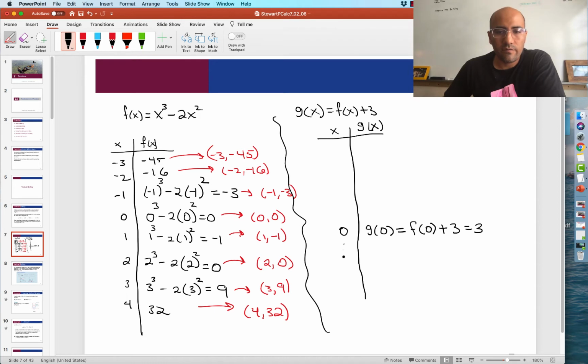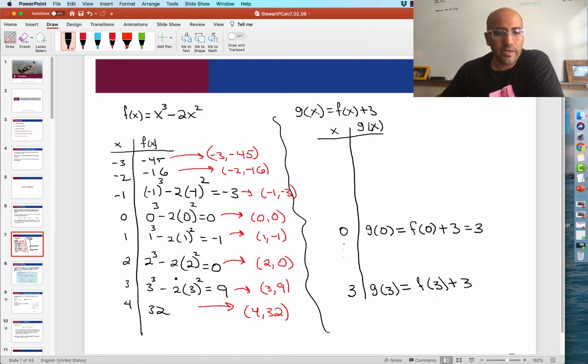Good. Okay, so if I try other values, let's say we skip down here to 3. If we let x equal 3, then this would be g of 3, which equals f of 3 plus 3.